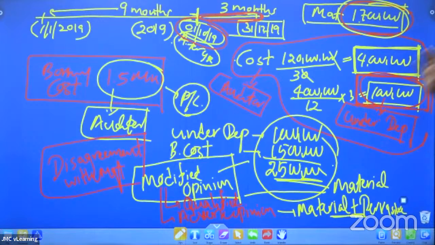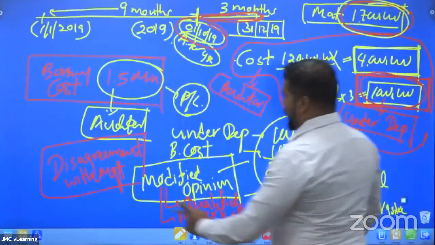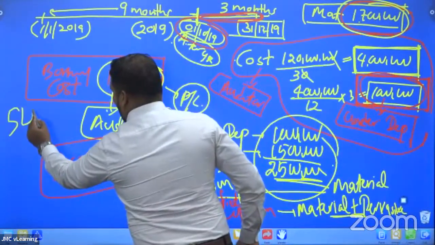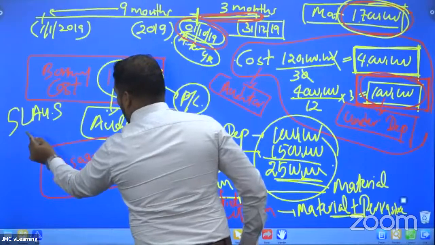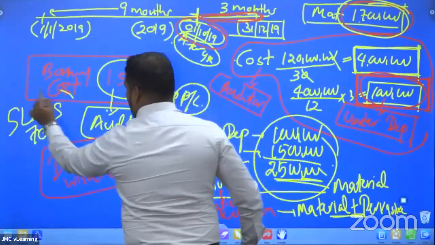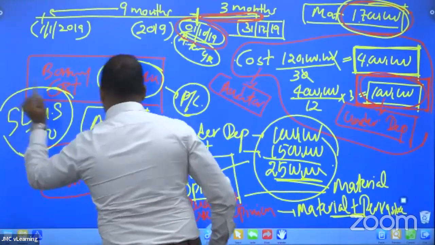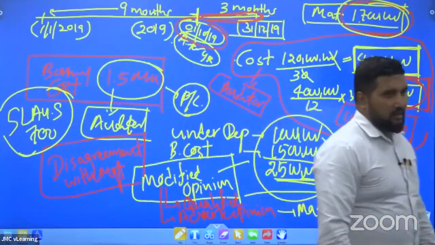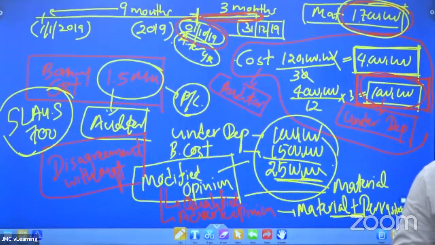So this is the entire theory tested in this question, which covers SLAuS 700. Clear? When you get a question like this, you need to analyze it in detail before you step into the answer.